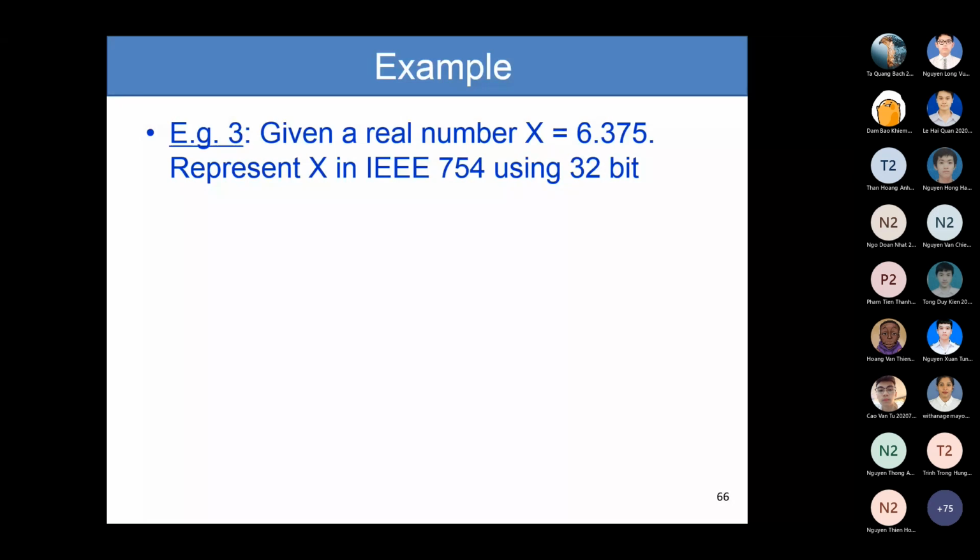So small e equals 129, because we use 8 bits to represent small e. Now you can find the representation.